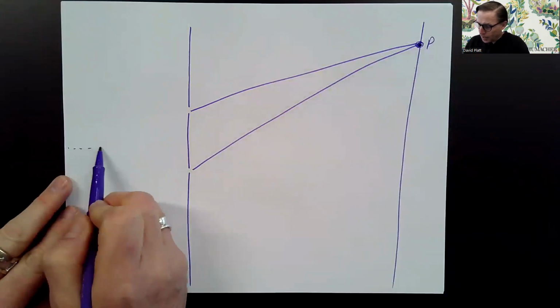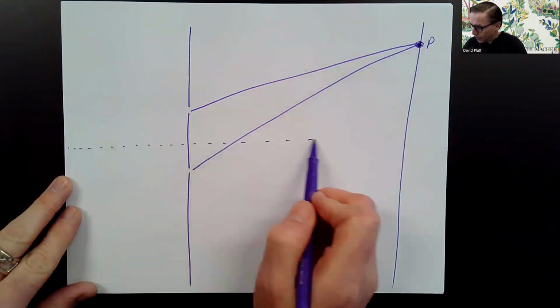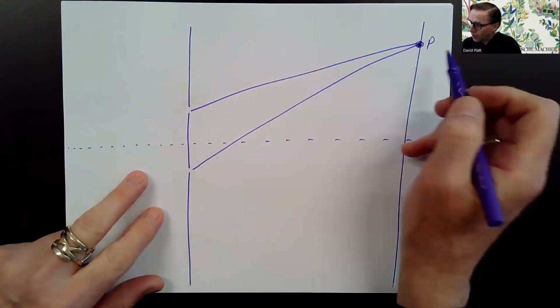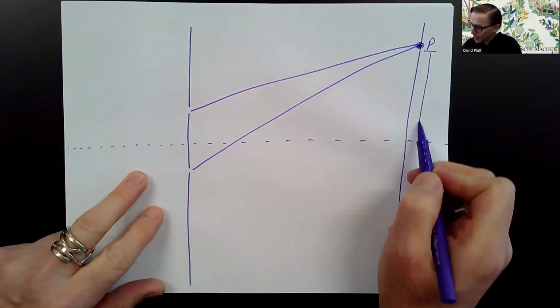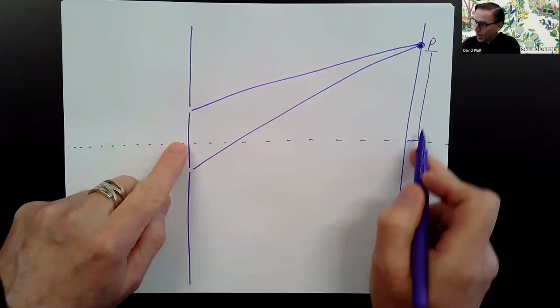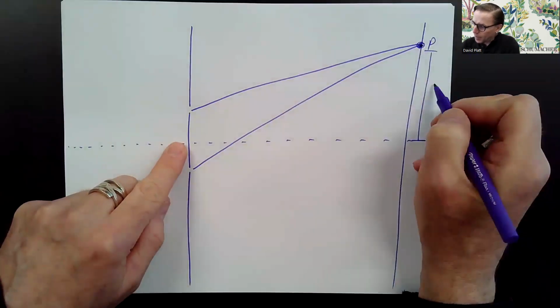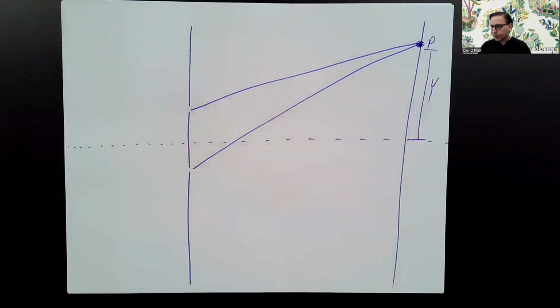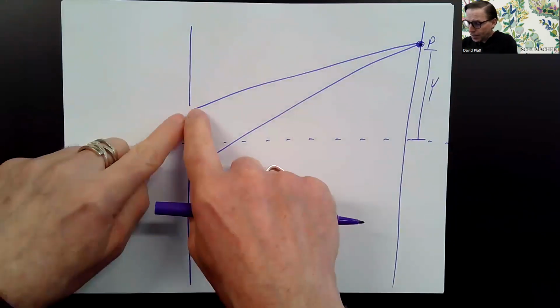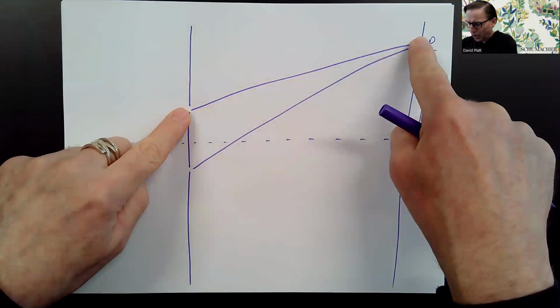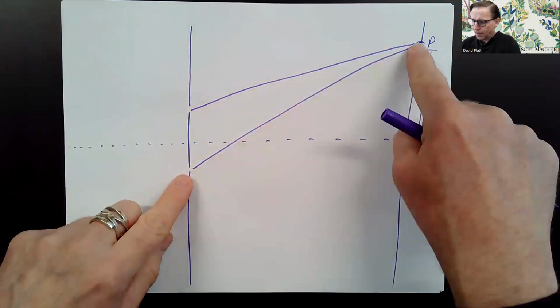I'm going to draw a dotted line right through the center. And I'm going to call this distance from the center up to my random point P, capital Y. And what we see is that this path is shorter than this path.